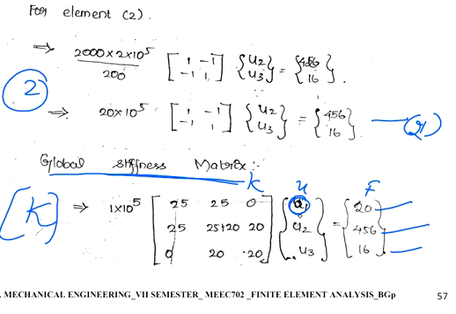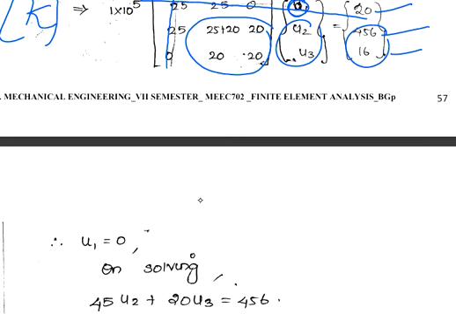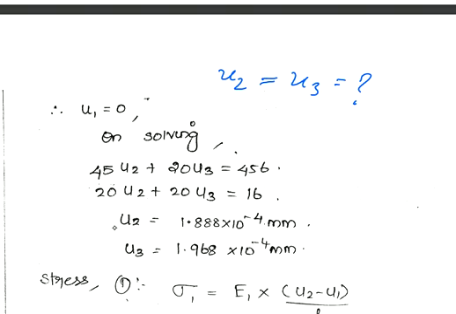It means U1 is 0, so the first row and first column will be eliminated. So this will be the remaining now. Make it separate so that you can calculate the unknown displacements like U2, U3. How to calculate? Use the same method, matrix multiplication, then find the U2 value and U3 value. Just do the basic calculation, right?